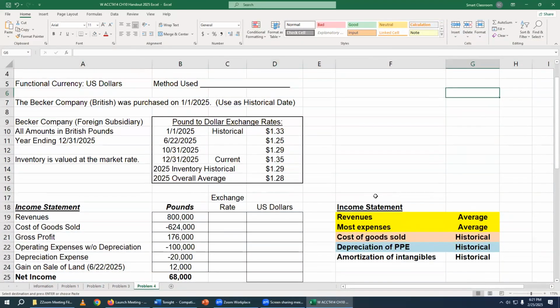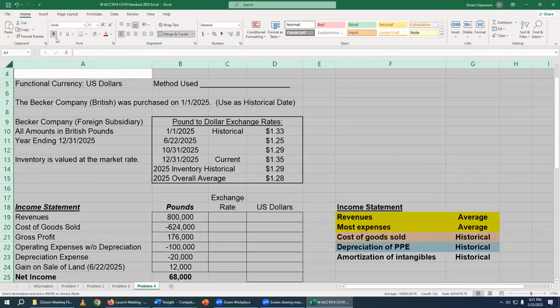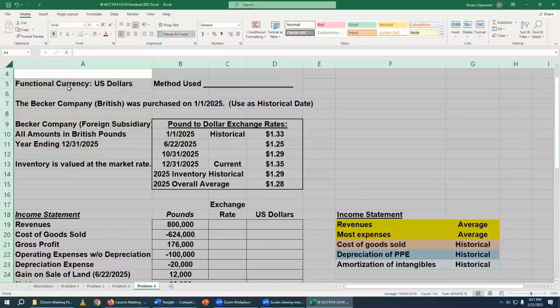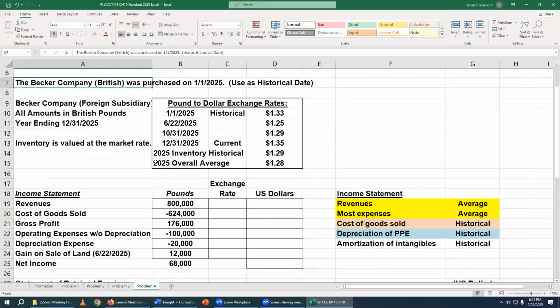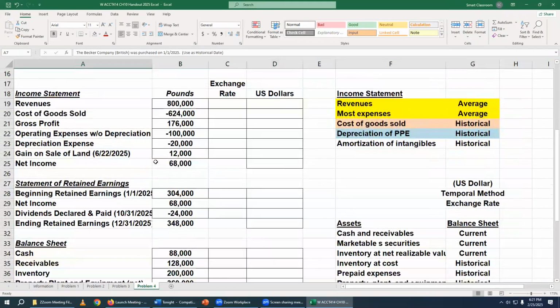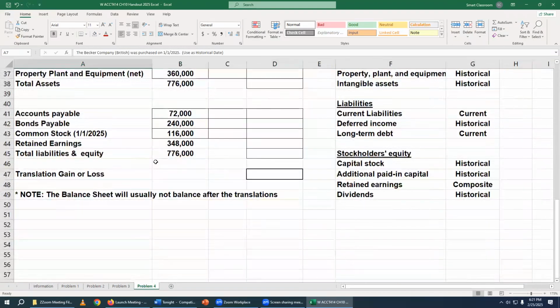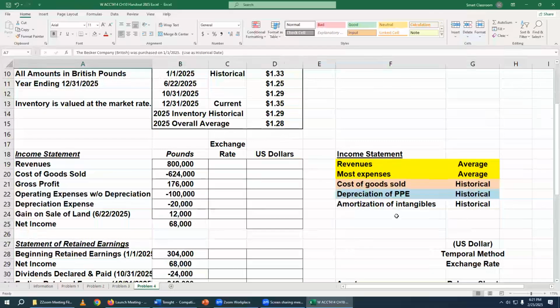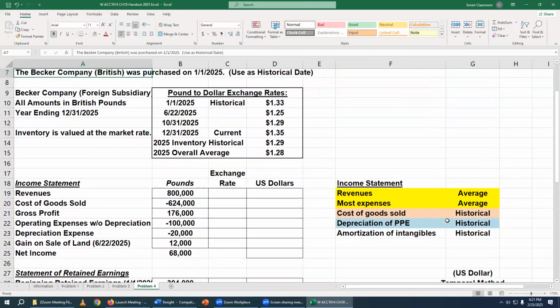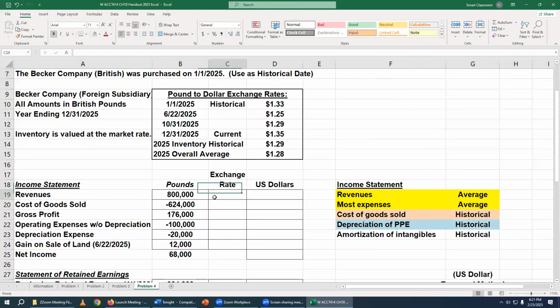Okay, and the fun starts all over again. All right, so we start out again with average cost on this one for the revenues. Let's keep all the festive colors the same.